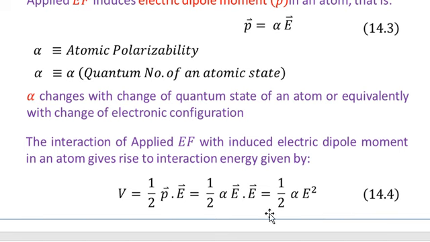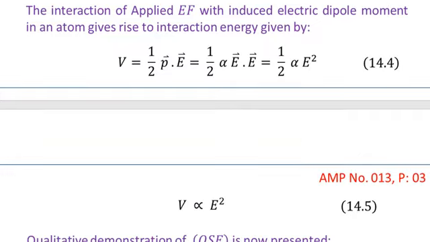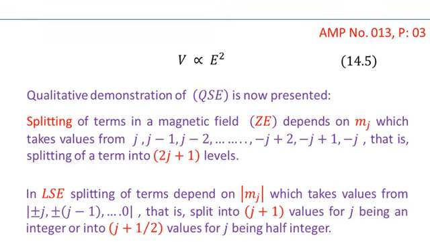Such an effect in which the interaction energy depends directly on the square of the electric field is referred to as the quadratic Stark effect. And here we can write from equation number 4 that V is directly proportional to E to the power 2.